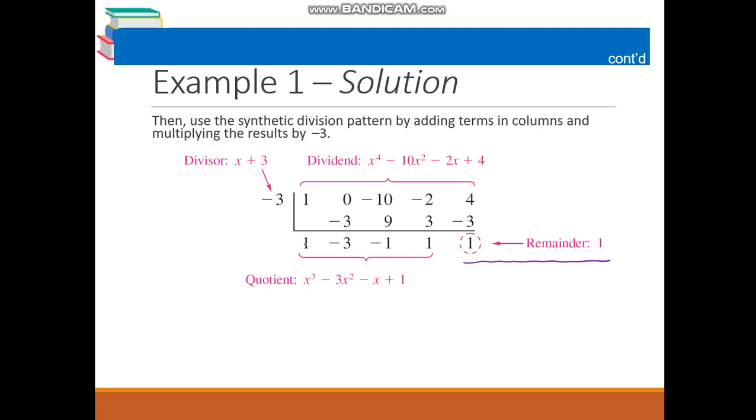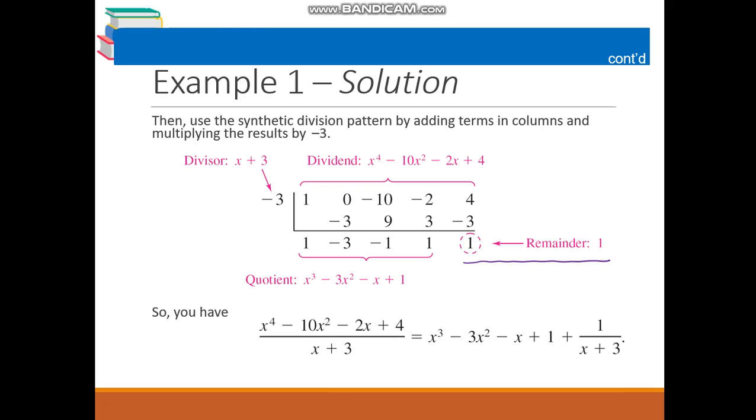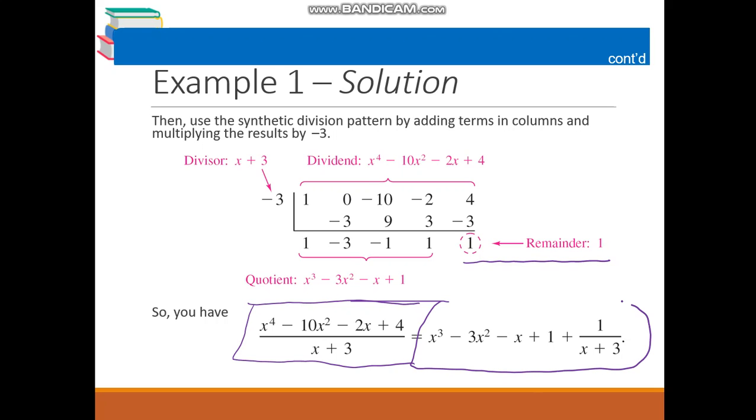So I've got 1 x cubed, negative 3 times x squared, negative 1 times x, plus 1, and then I've got my remainder. And if you remember from division, when we have a remainder, we can write it as a fraction. So if I take that polynomial and divide it by x plus 3, this is my answer.